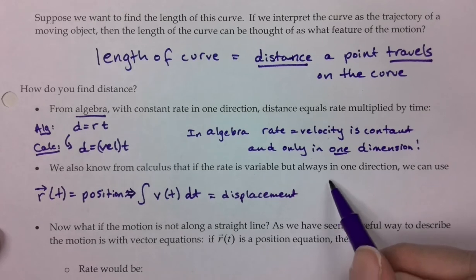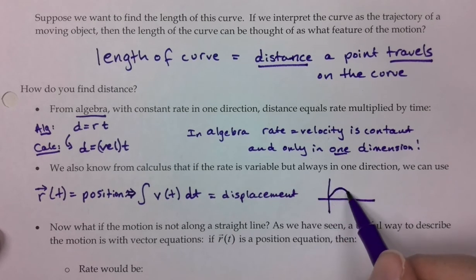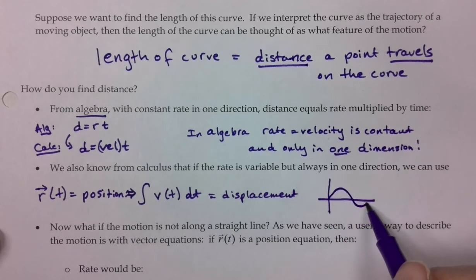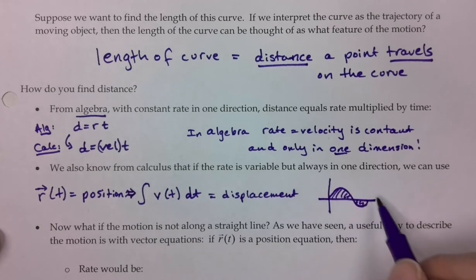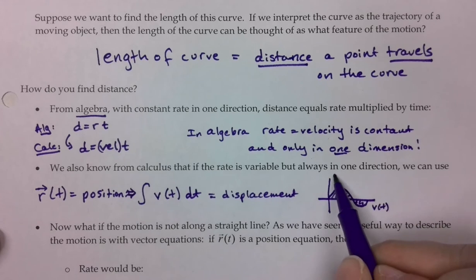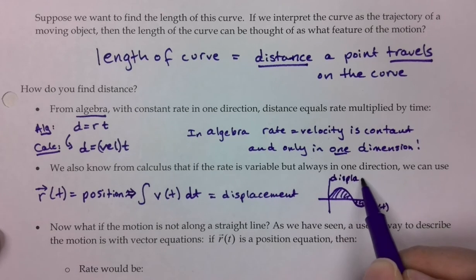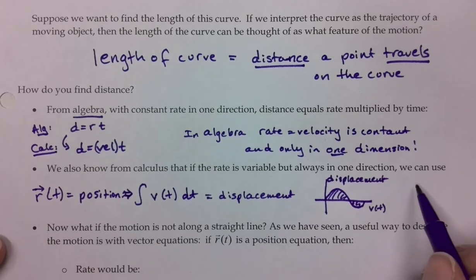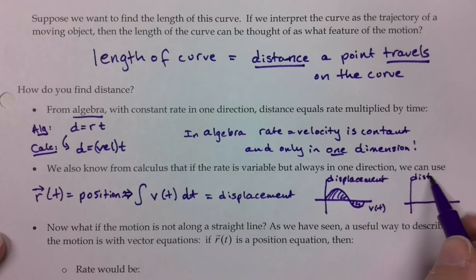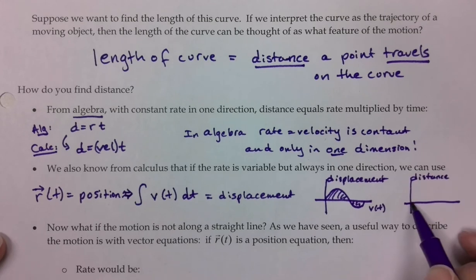If you remember really quickly, if you say the curve is your velocity function, v of t, then displacement would be the integral of v of t. And then distance is actually the integral of the absolute value.